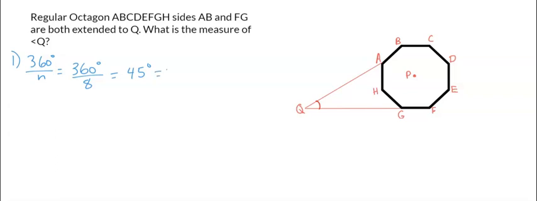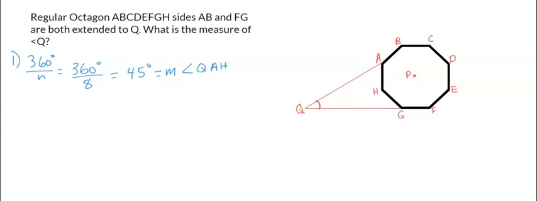So this is for the measure of angle QAH, because we want to find out what is the measure of Q. But we also have to know what is the measure of the interior angles of this polygon too, because this has 1, 2, 3, and 4 sides as well.